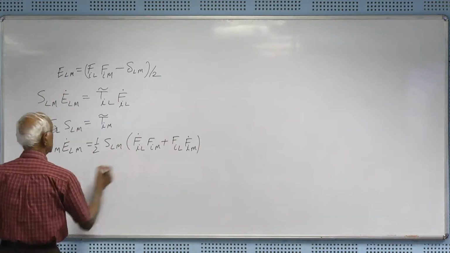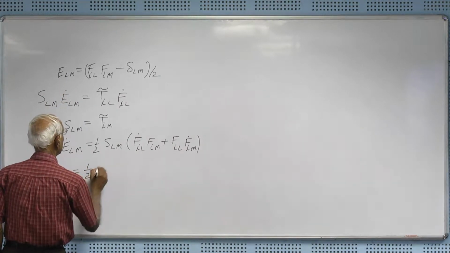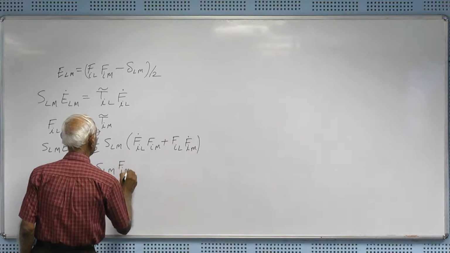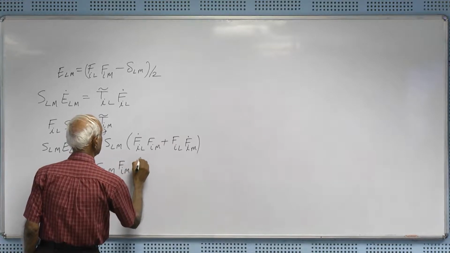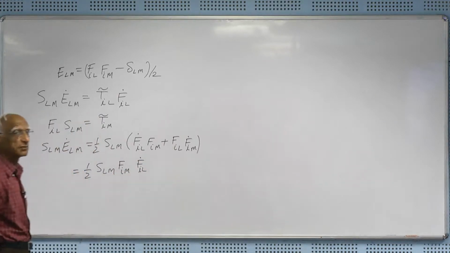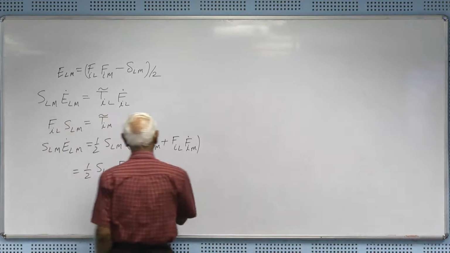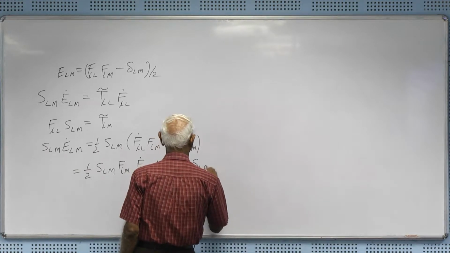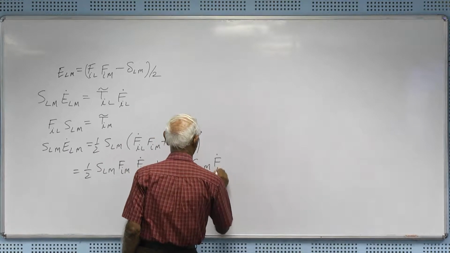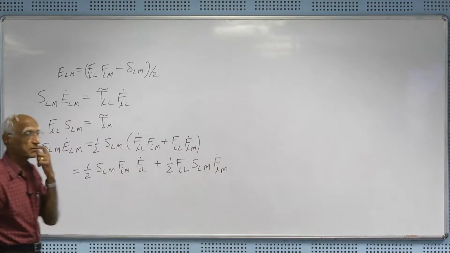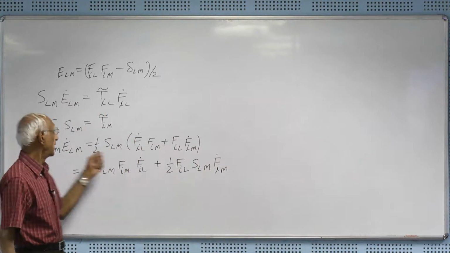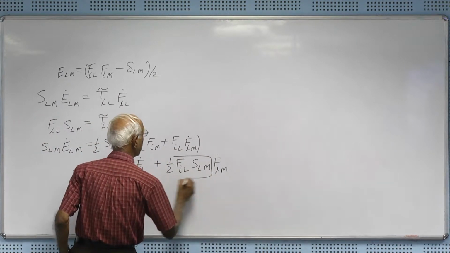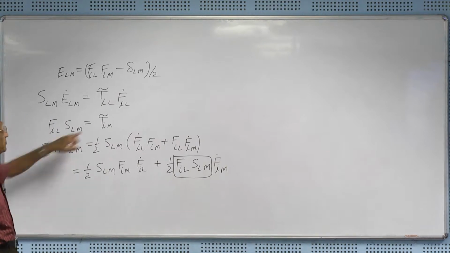So if we now look at this term, we have S_LM F_iM F dot_iL. So that's the first one. And the second one is 1/2 F_iL S_LM F dot_iM. This time I put this in between because this thing is T tilde.